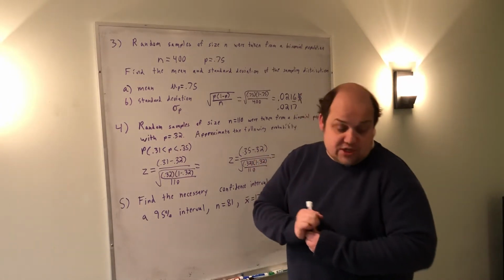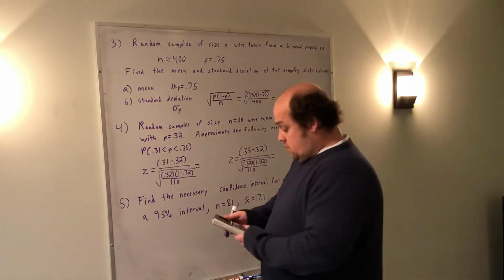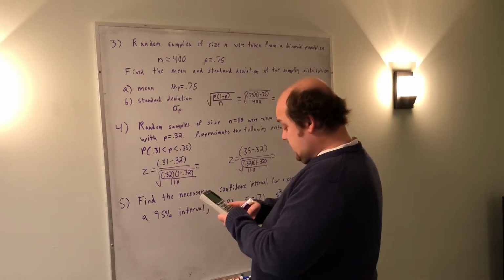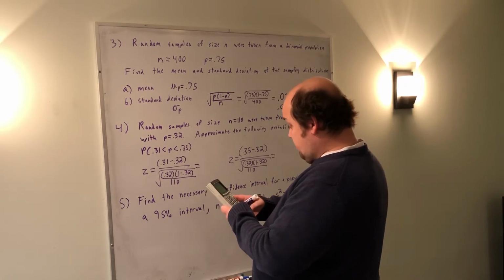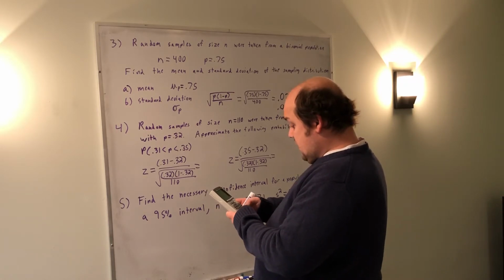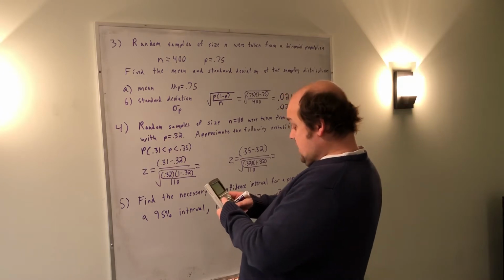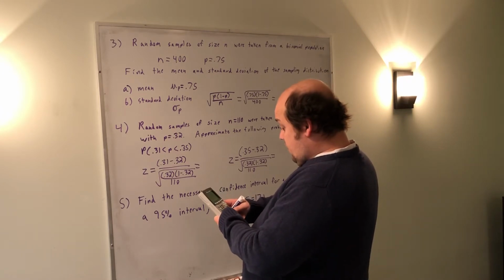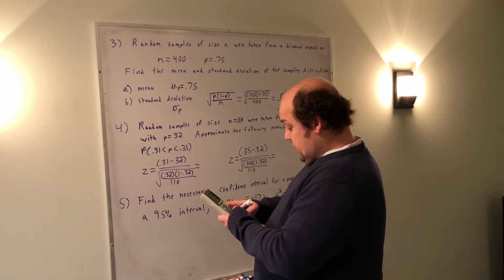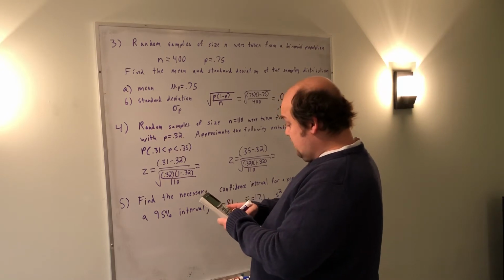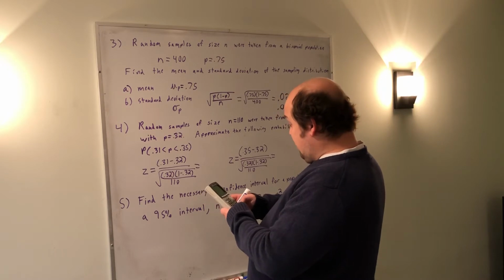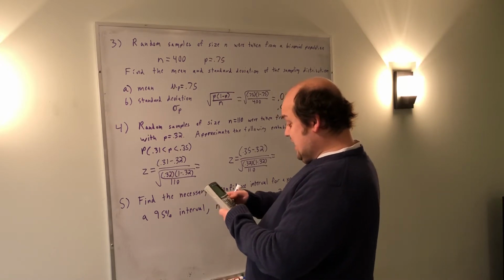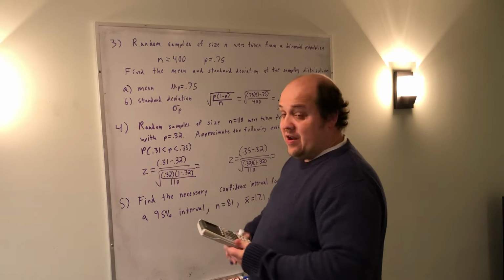So I'm going to put each of these into my calculator. When I put the first one in, parentheses, 0.31 minus 0.32, end parentheses divided by the root of new parentheses 0.32, end parentheses, new parentheses, 1 minus 0.32, end parentheses divided by 110, outside of the root to end parentheses.